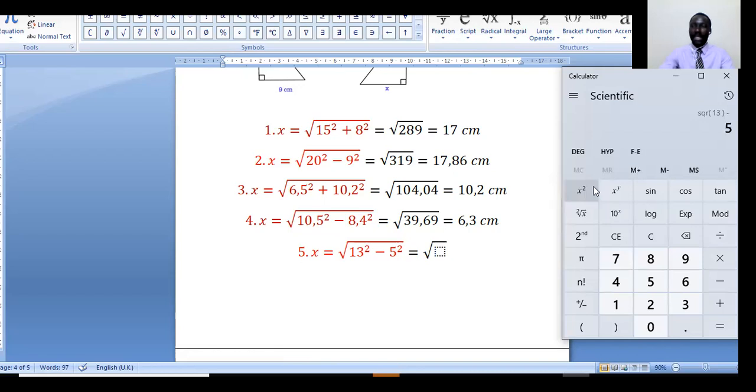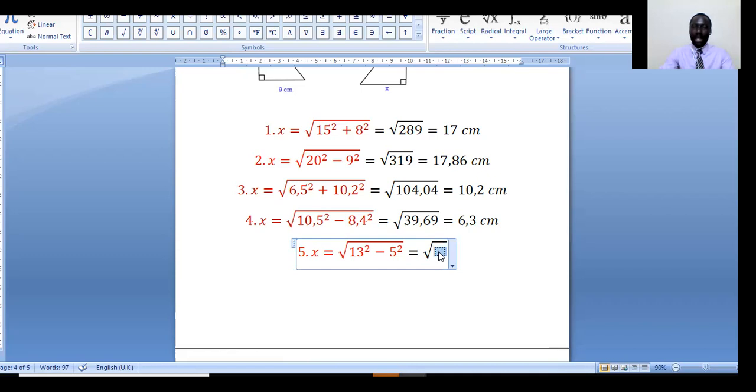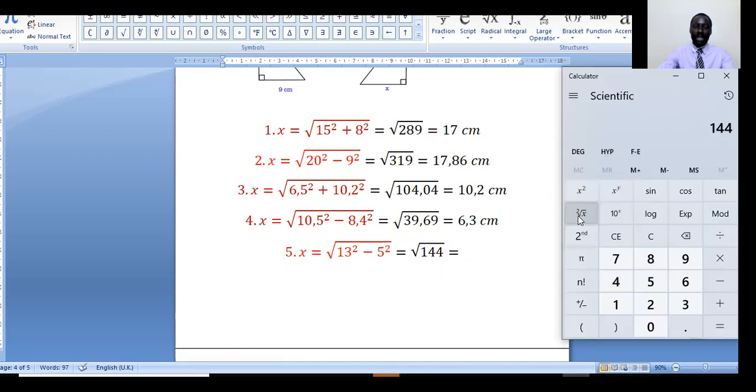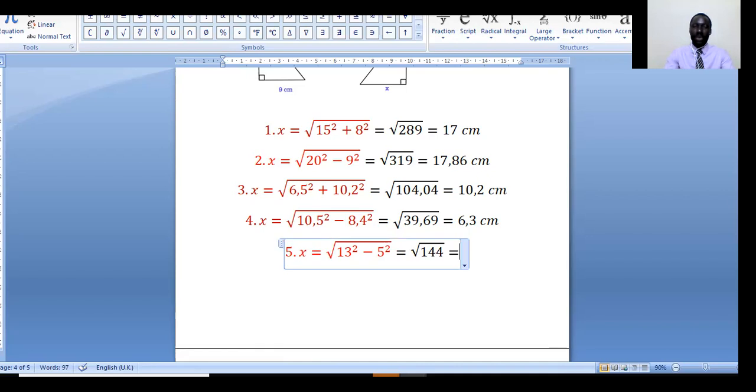So we write 5 squared, which is 25. We subtract those two values to get 144, and we write 144 right here. Now notice that this value, which is 144, can be simplified when we get the square root of it. So we get the square root of 144, and that gives us a value of 12. And so we write down 12. Now notice that 12 is the value of x in centimeters.